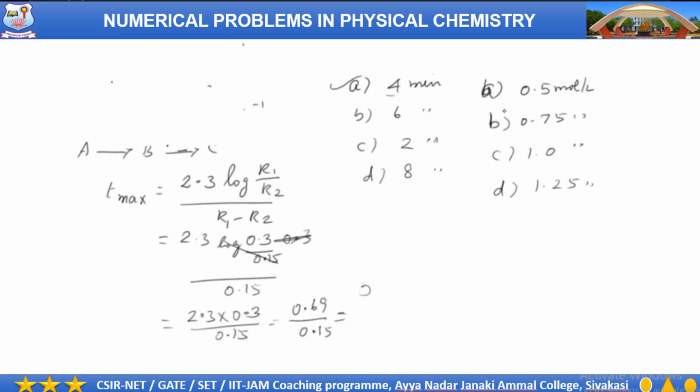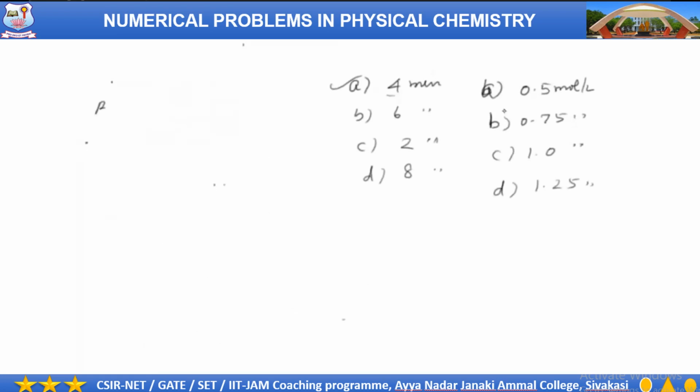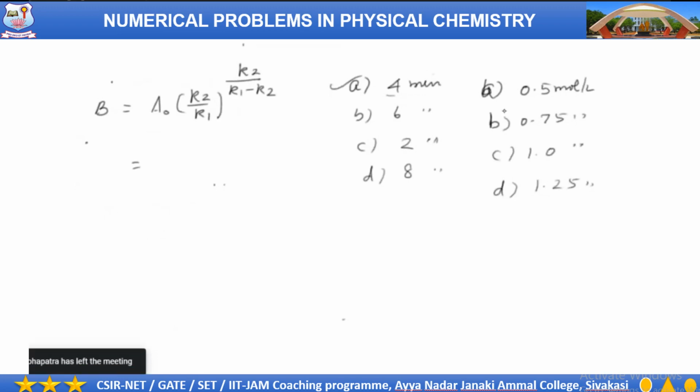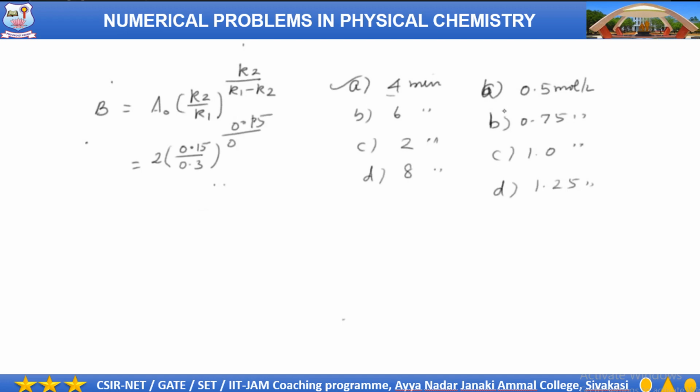What is the equation to be used? B max is equal to A0 into K2 by K1 to the power K2 divided by K1 minus K2. A0 is given as 2 mole, K2 as 0.15 by K1 0.3, with the power 0.15 divided by 0.3 minus 0.15.